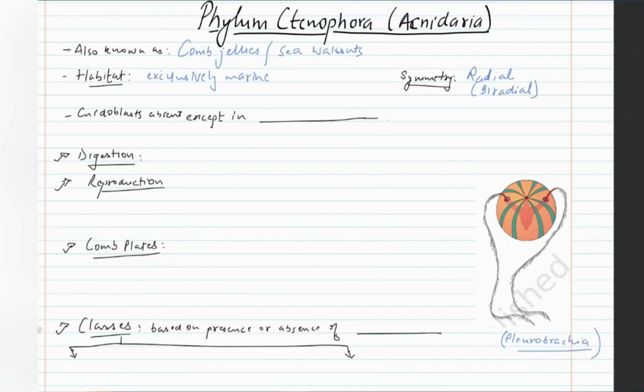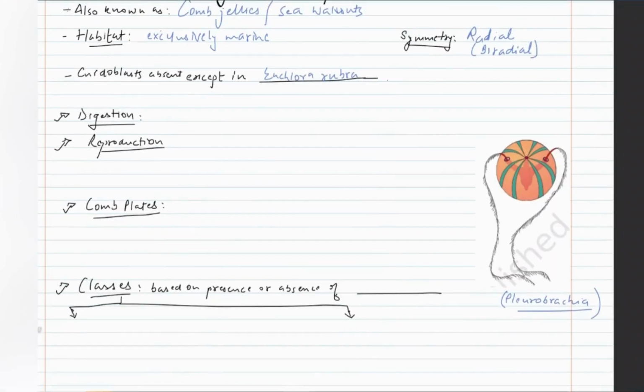Now, cnidoblasts are absent in almost all the members except a ctenophore named Euchlora rubra. This is a member of phylum Ctenophora in which cnidoblasts are present. Talking about their digestion, they have an incomplete digestive tract.